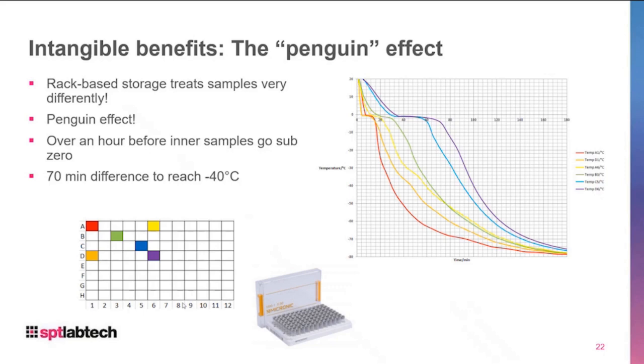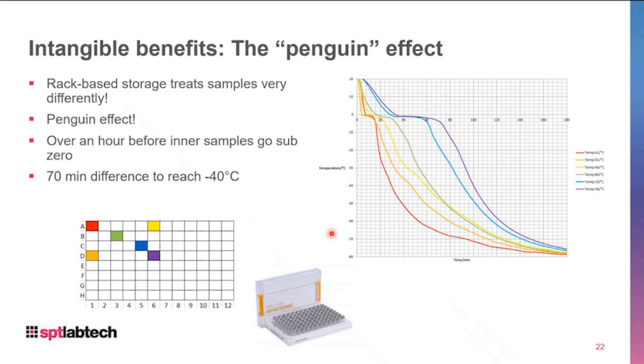And so, just to explain this graph a little better, the penguin effect is about how penguins insulate themselves by clustering in close. What we'll see is the outer sample, which is in red, as opposed to the inner sample, which is in purple, as time goes by, we recorded the temperature with probes.